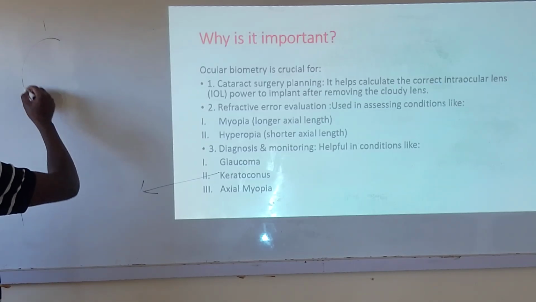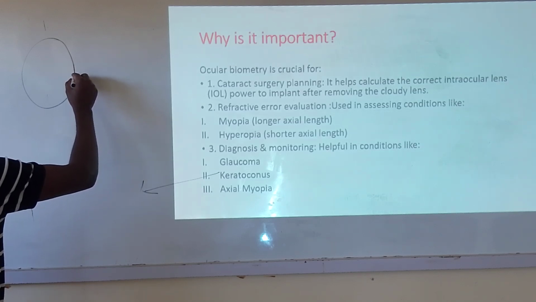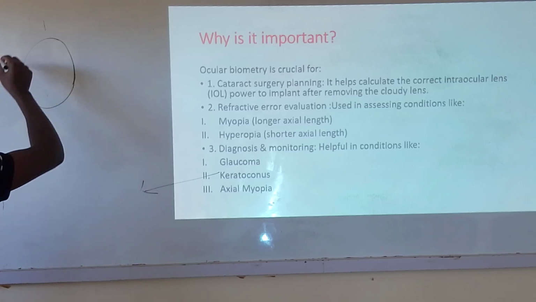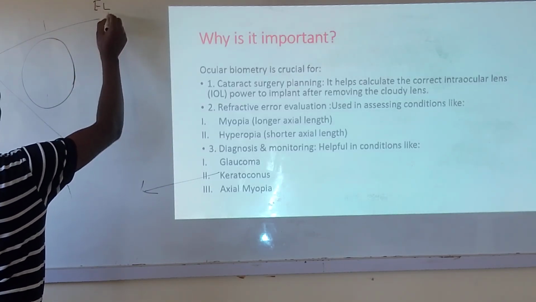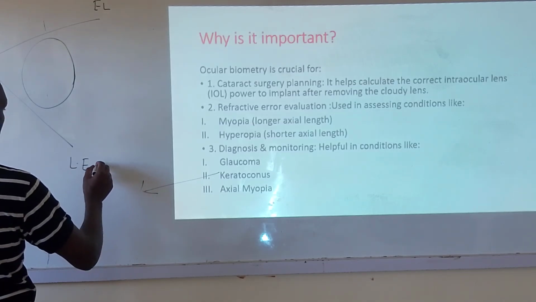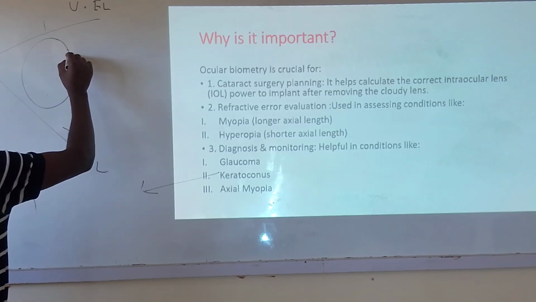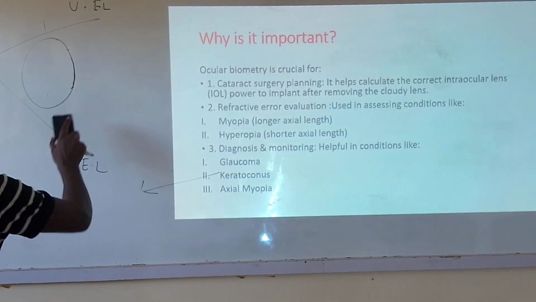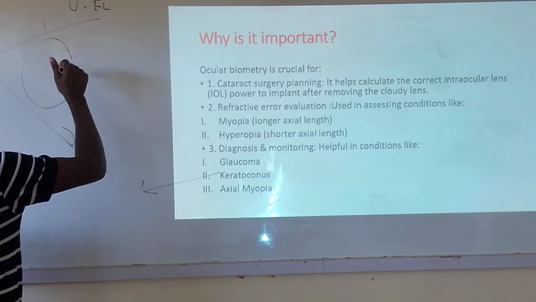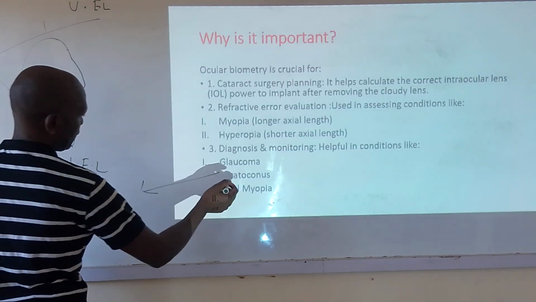For example, if this is our eye here, and this is supposed to be your cornea around here, and this is your eye with the upper eyelid and the lower eyelid. So if your cornea is supposed to be here, in some people, you find that the cornea is more protruding anteriorly like this. And that is what is known as keratoconus.